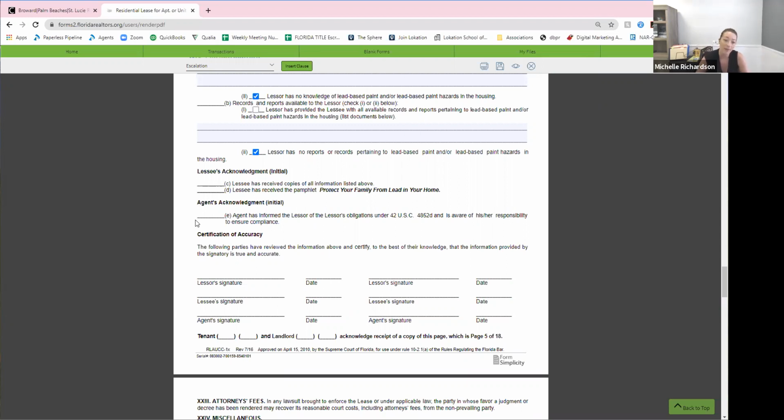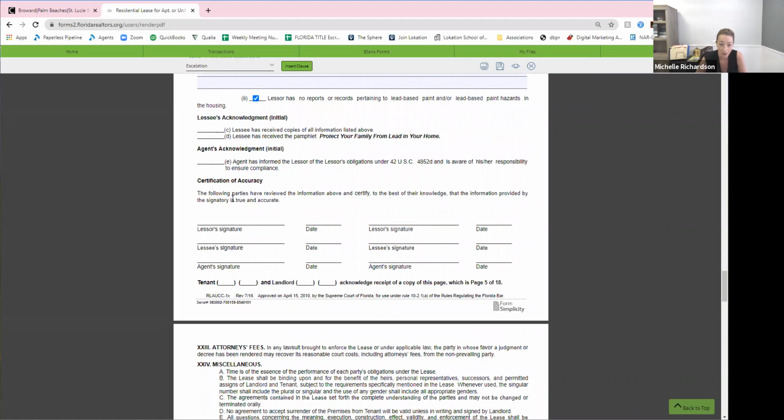So by the listing agent initialing E, it's stating that they've given that form to the landlord. There's actually a form you need to provide the landlord in order to be able to initial this. So make sure you're giving out that form and make sure you're initialing this.